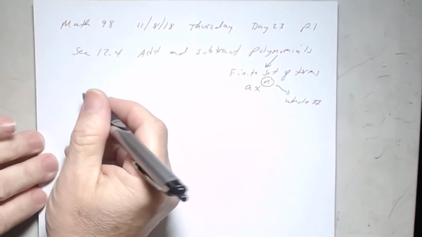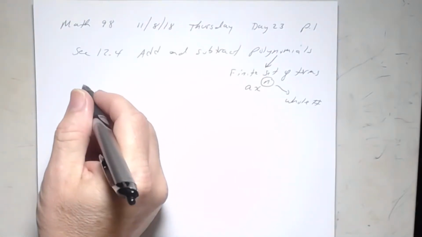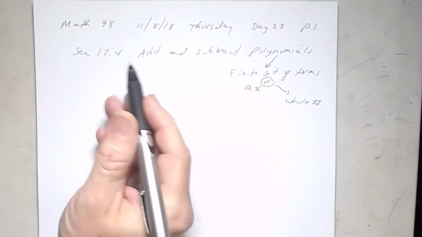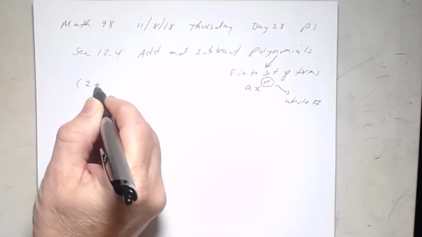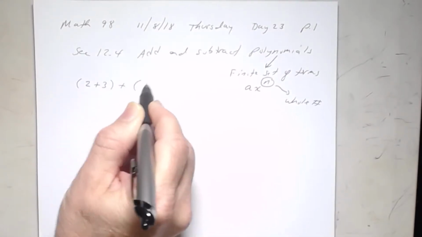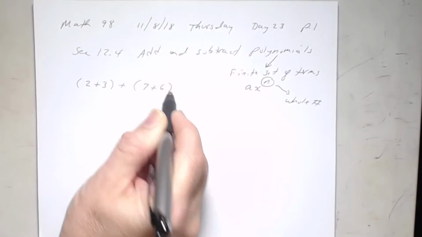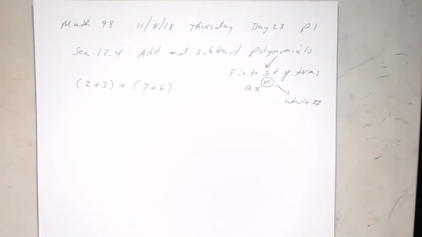So when you look at this idea, suppose from a previous course I had (2 plus 3) plus (7 plus 6). We're adding those real numbers. So what would you do?